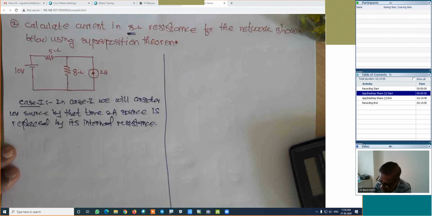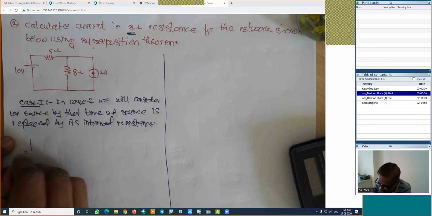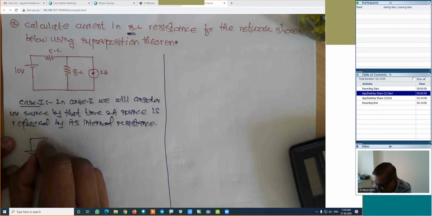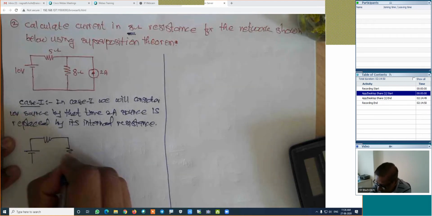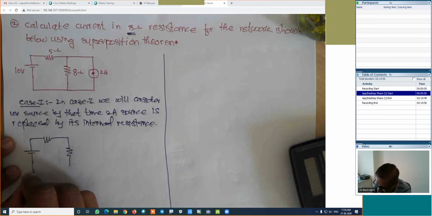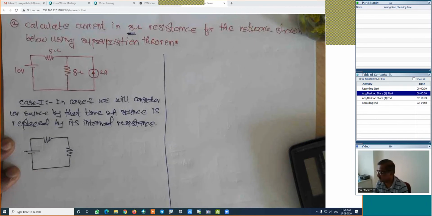How is the figure for case 1? Look at it. Is it right?